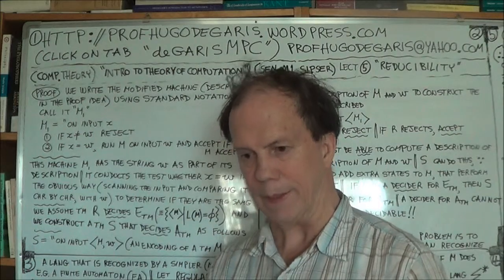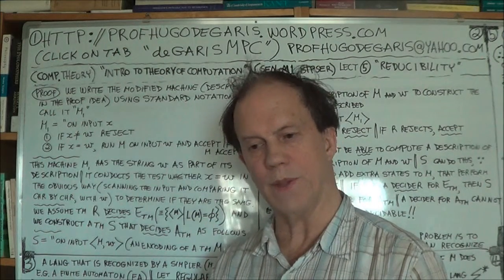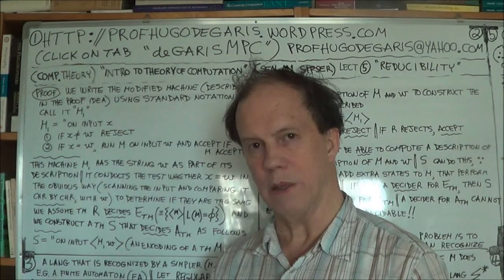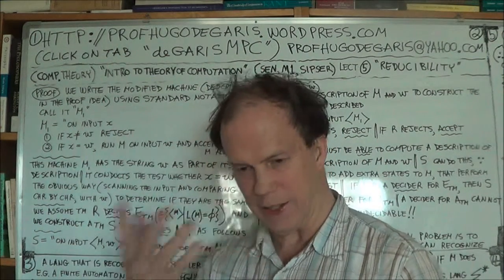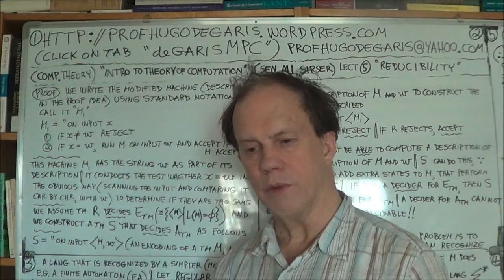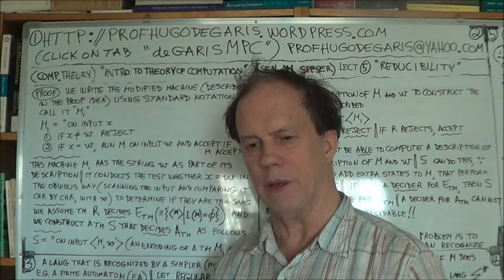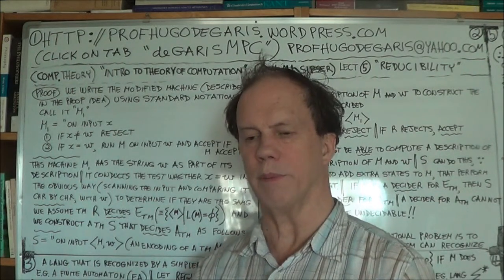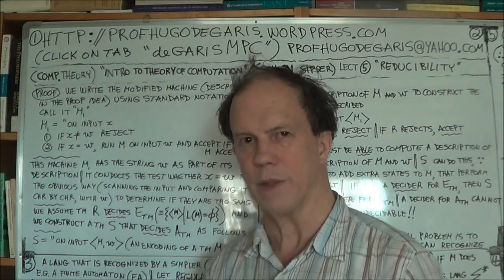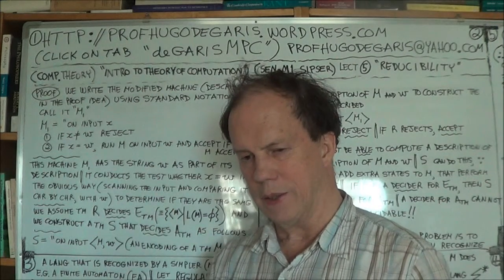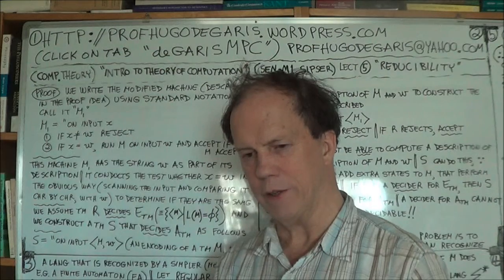Anyway, say now you have some problem B, equivalently a language B, and you want to prove that that language is undecidable. In other words, the corresponding problem has no solution, can't be solved using an algorithm, using a Turing machine. So how do you do that?